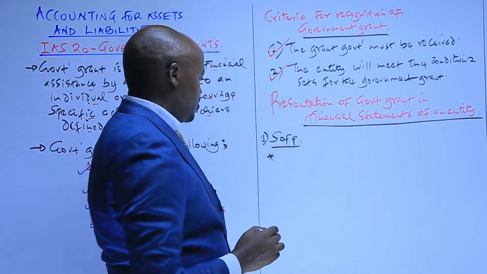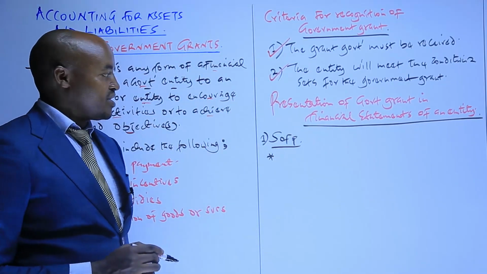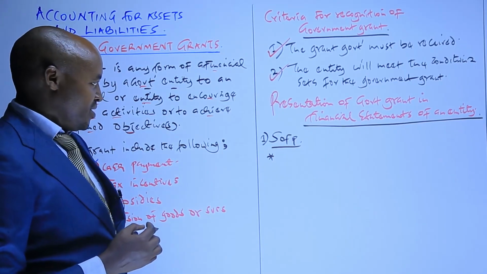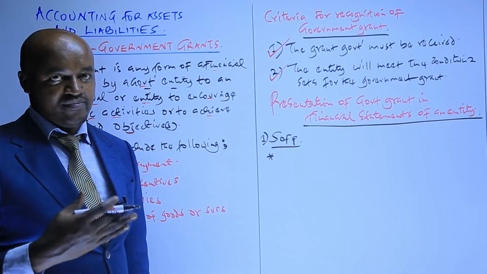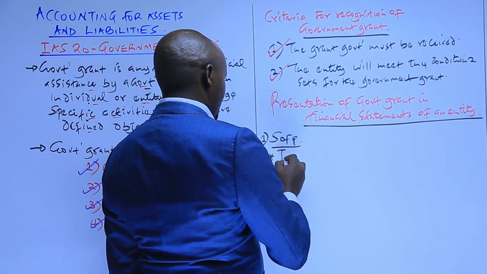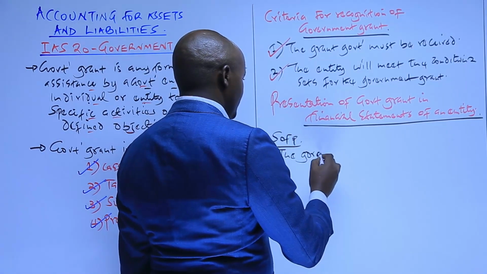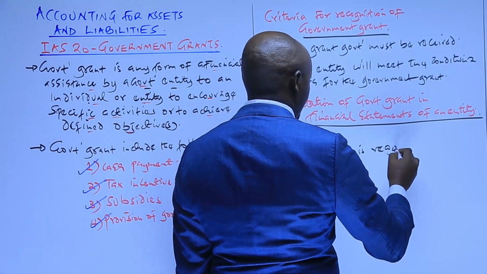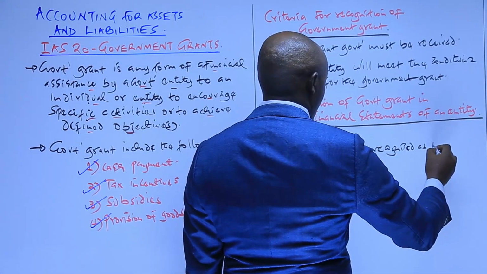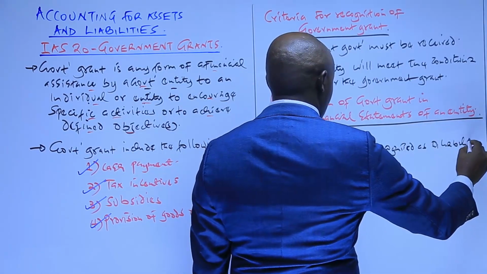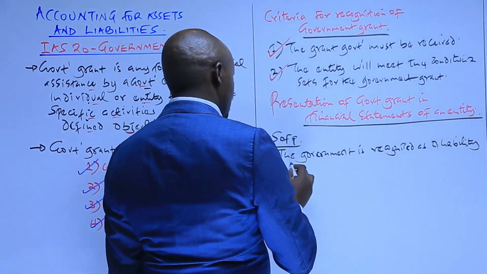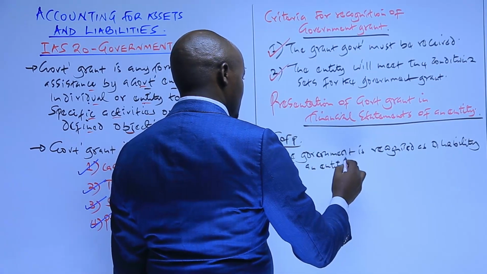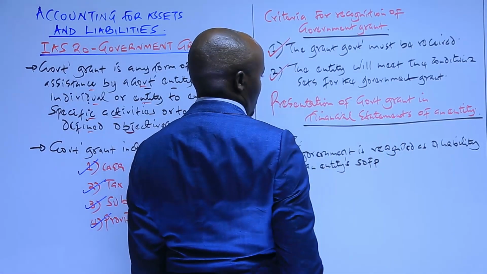Now, once an entity receives a government grant, this particular government grant will be recognized as a liability until the amount has been fully spent. So we can say that a government grant is recognized as a liability in an entity's statement of financial position.